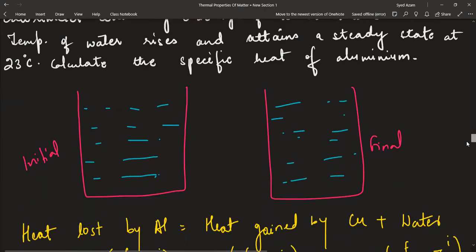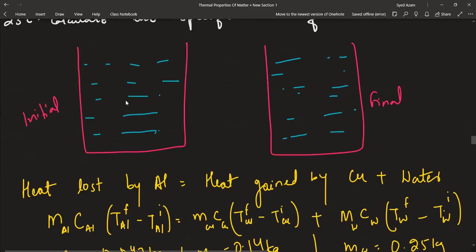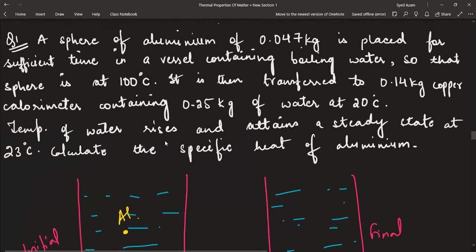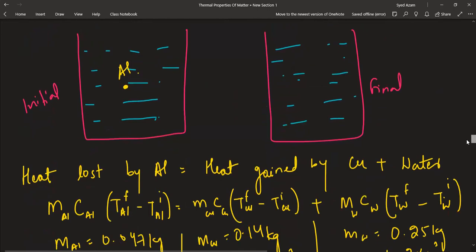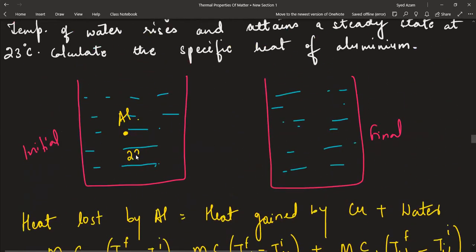Basically, what is happening? See, this is the container. There is aluminium, a sphere of aluminium, and this is the mass. This is placed in the vessel containing boiling water. So the temperature increases up to 100 degrees Celsius.